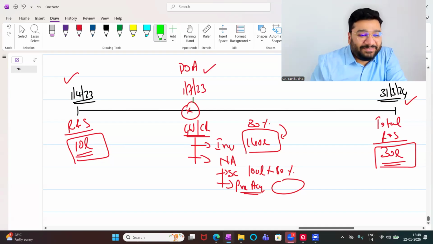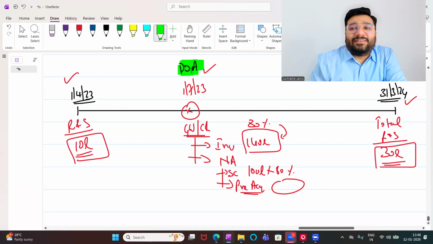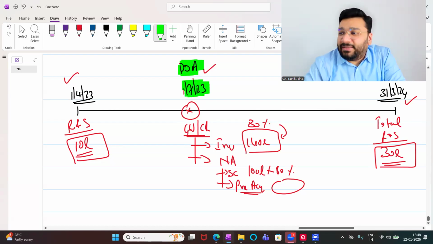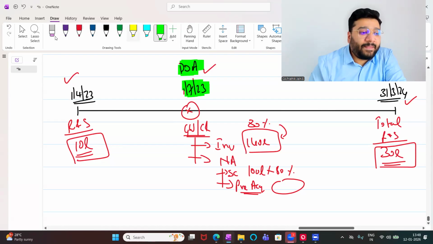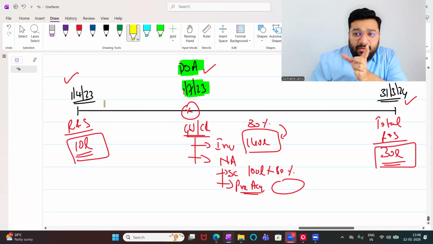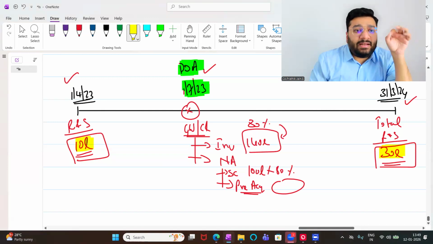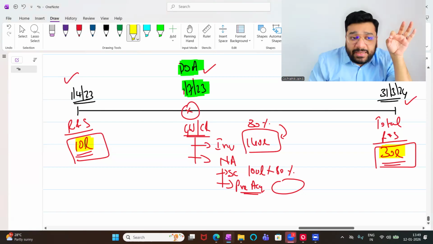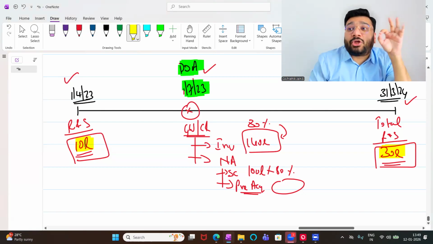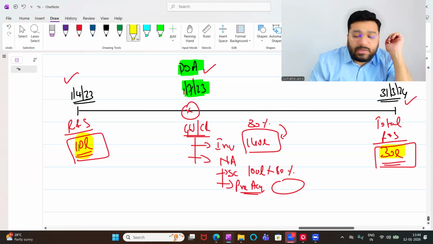He applied common sense. Date of acquisition. Now, listen, listen. Date of acquisition is 1 July 23. Now, listen to me very carefully. The profit during the year we have to find out. For that, what is required? Closing profit I want and opening profit I want. So, when the subsidiary company started the business in the current year, what was the accumulated profit? 10 lakh was the accumulated profit.